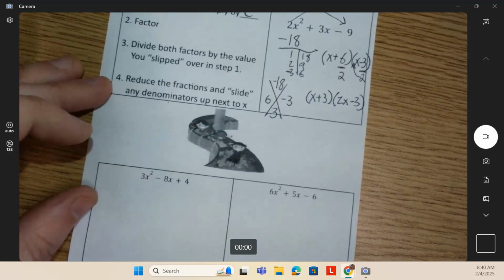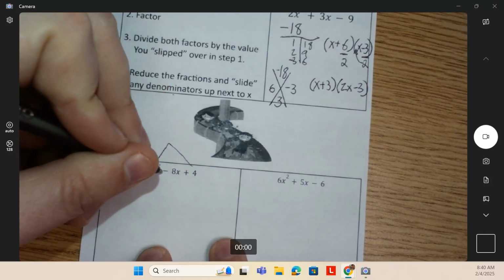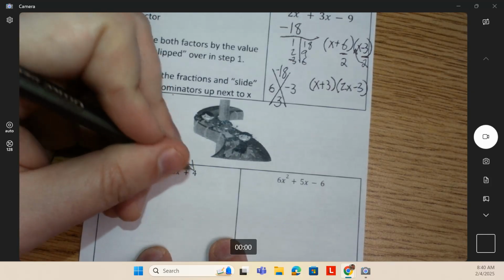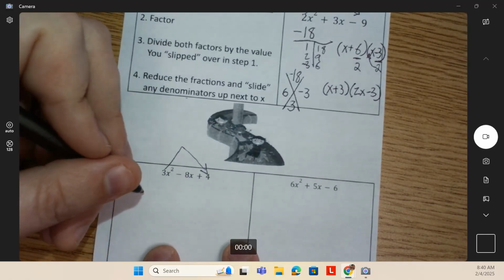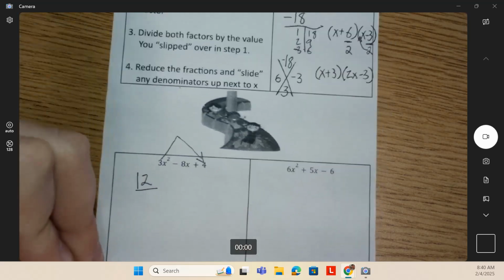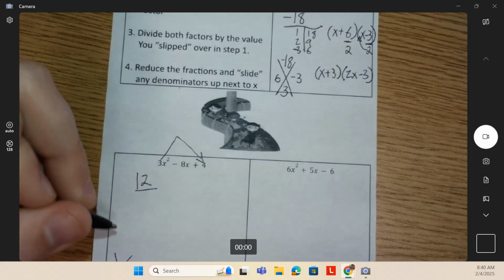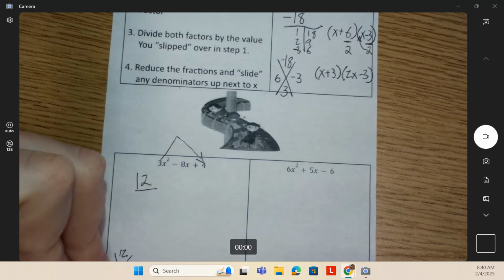So let's try a couple more examples. I've got 3x squared minus 8x plus 4. So I'm going to slip that 3 down with the 4 to give me a positive 12. I'm looking for something that multiplies now to get 12 and adds to get negative 8.